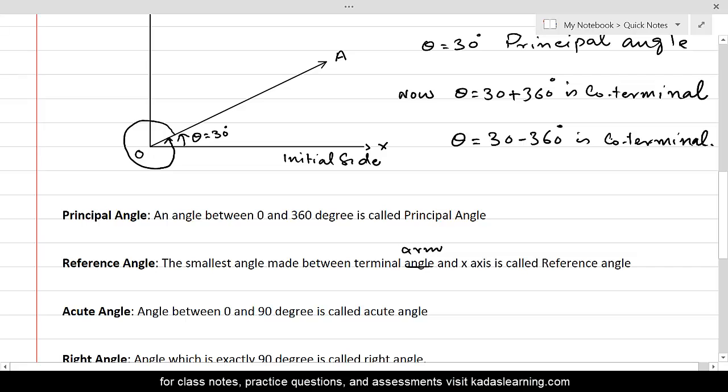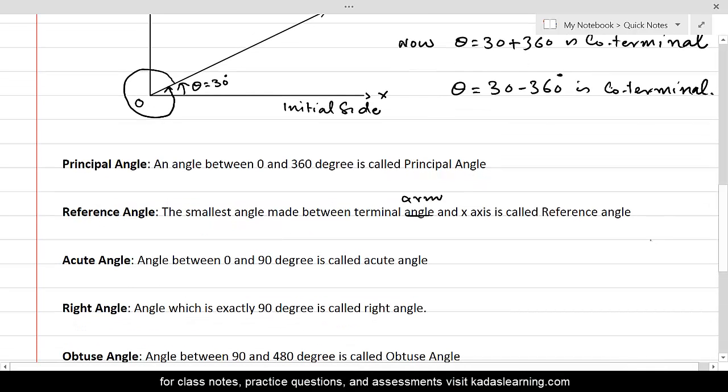So let's assume that this is the y-axis and this is the x-axis, and this is the principal angle. If you draw the angle from here to here, which part of the x-axis is closest? This is the positive x-axis and this is the negative x-axis, called x dash.